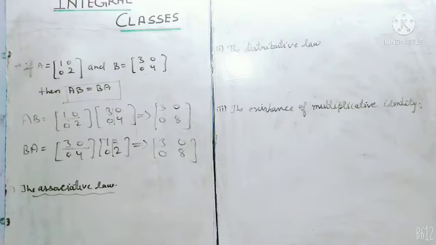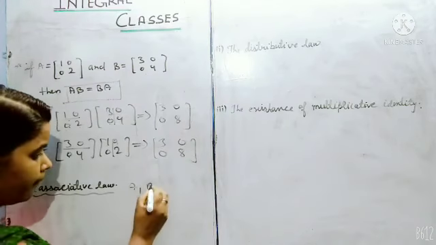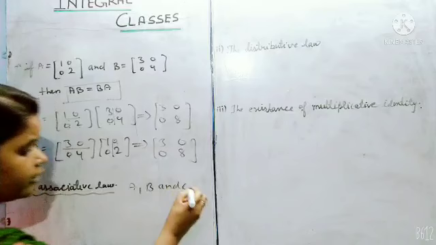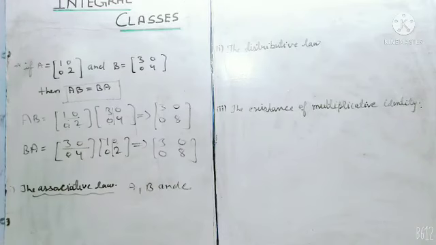Now the next property is the associative law. If we multiply three matrices, let A, B and C be three matrices.